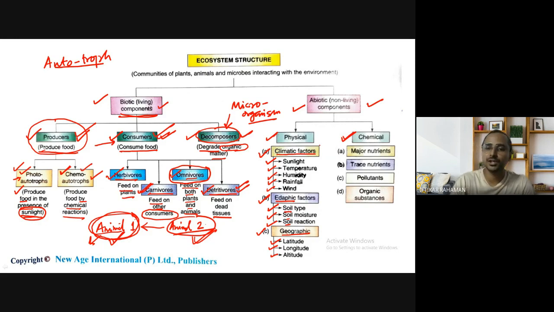First one, major nutrients. Major nutrients are macronutrients, which can be present in a higher concentration in that ecosystem. Major nutrients include sodium, calcium, phosphorus. Besides this, some trace nutrients may be present, in very small amounts.